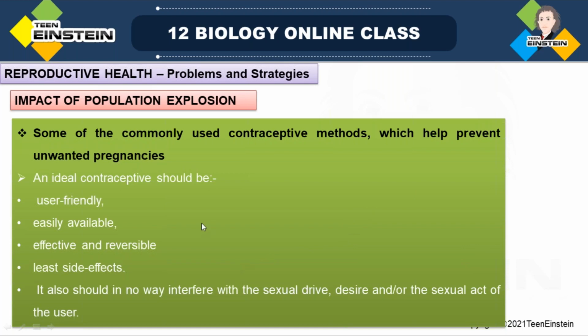The percentage of side effects should be very low. Okay, so these are the qualities that an ideal contraceptive should have.